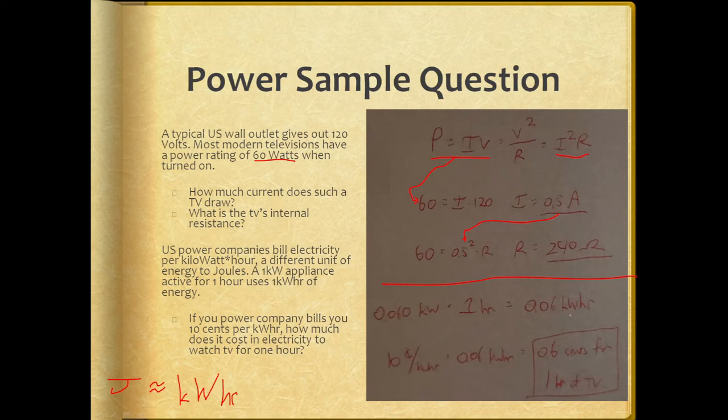It's not a lot. The power company then bills you 10 cents per kilowatt hour, so 10 cents times 0.06 gives us a grand total of 0.6 cents per hour of watching TV. That's 0.6 cents. That's less than a penny.